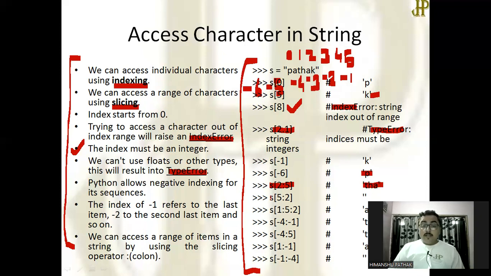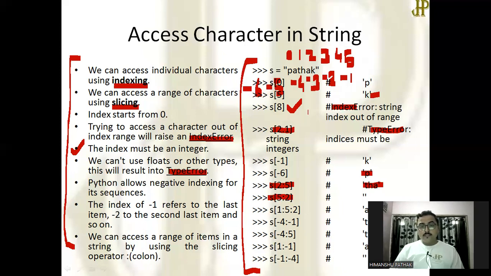I have already told you that traversing cannot be done in the reverse order. Even there will be no error. So here you can see that the starting value is given 5.